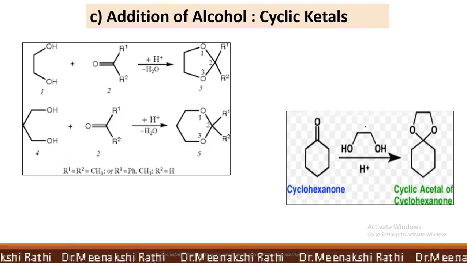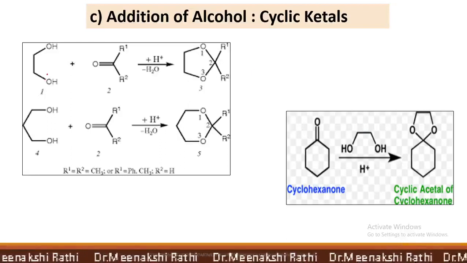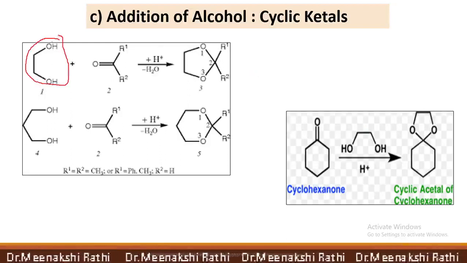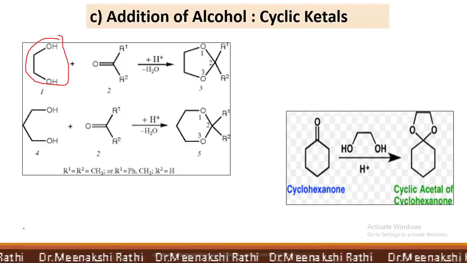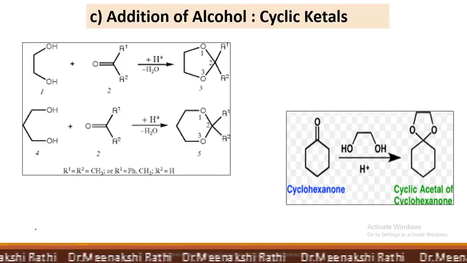If we use, instead of simple alcohol, 1,2-diols, then ketone reacts with these 1,2-diols and there is a formation of cyclic ketals.